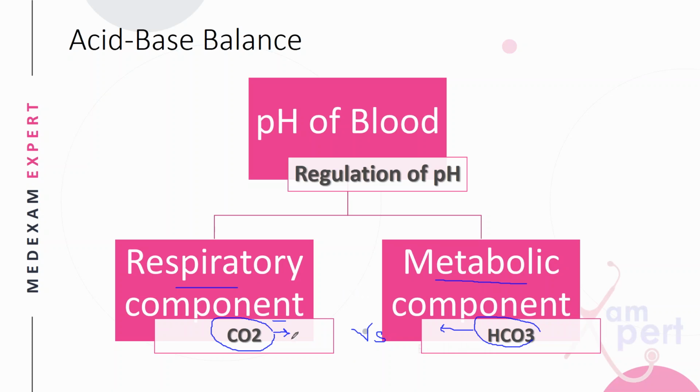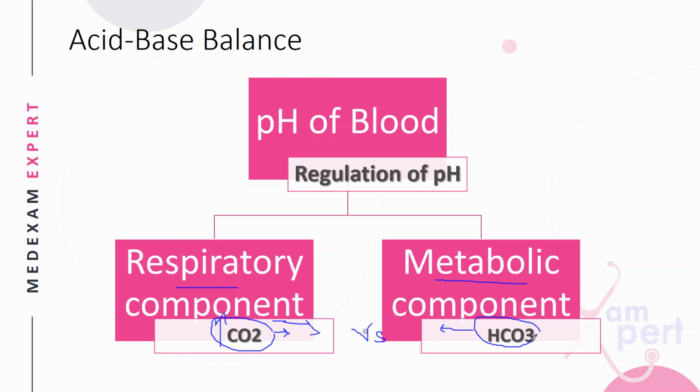But let's note that CO2 favors the direction of acidity. In other words, as CO2 increases, this takes the blood in the direction of acidity. And of course, we are going to know why in a while.